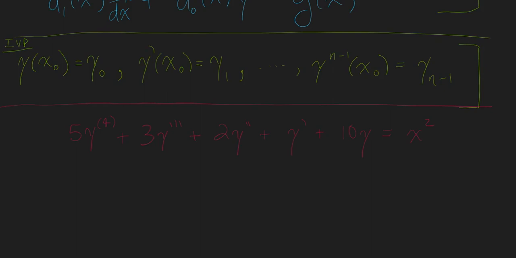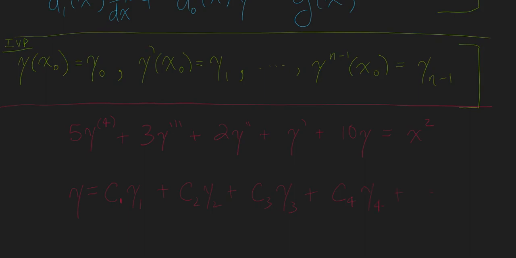And if we solve this, what we would find is y would be equal to some constant times some function, so I will say y1, and then plus some other constant times y2, and then plus some other constant times y3, and then plus some other constant times y4, and then on and on.